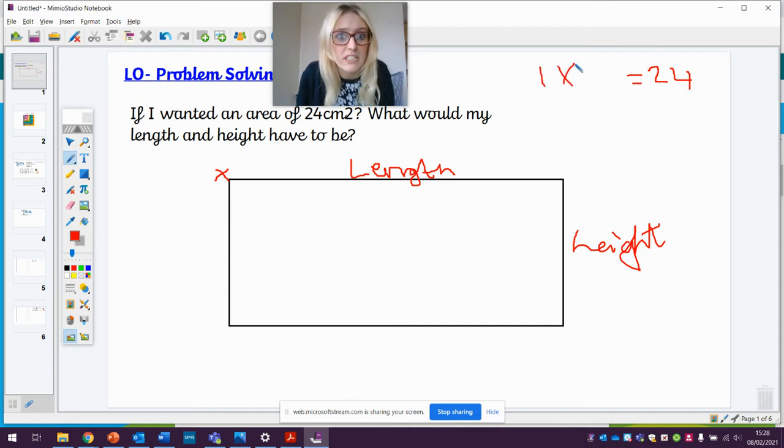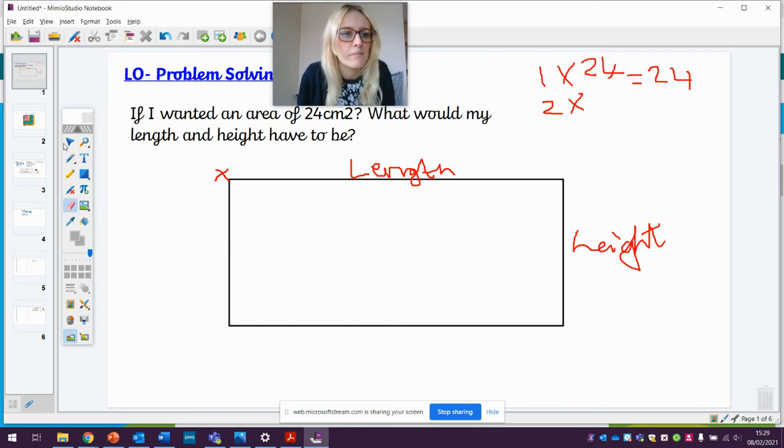We could do 1 and 24. So this side here, I'll get another colour, could be 1 centimetre, and this side here could be 24. It's probably going to be the other way around, as that one is a little bit longer.